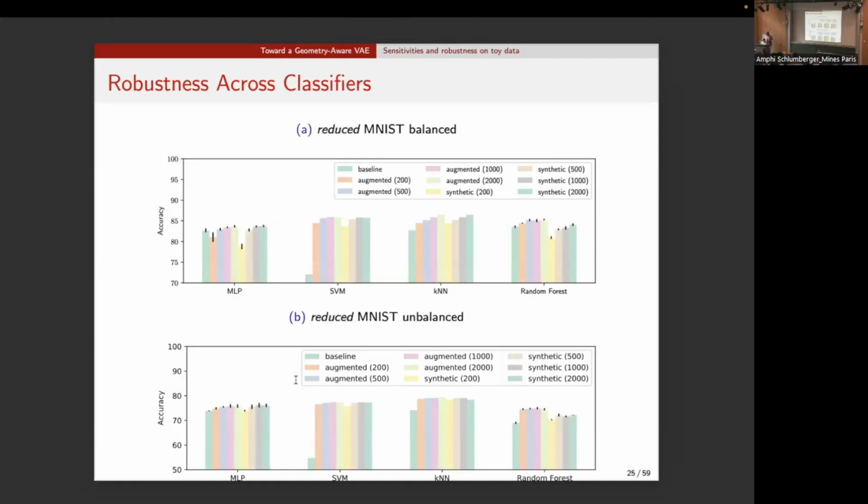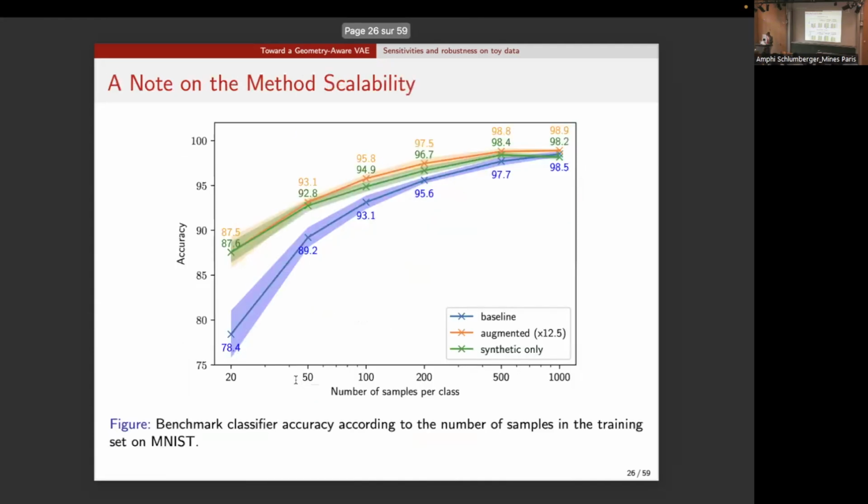So we also, well, Clément did a lot of experiments to see how robust it was across classifiers and across the number of training data. If you have a lot of data, the question was, do we at some point get something that will decrease the statistical power of the classifier because we will somehow do some overfitting?